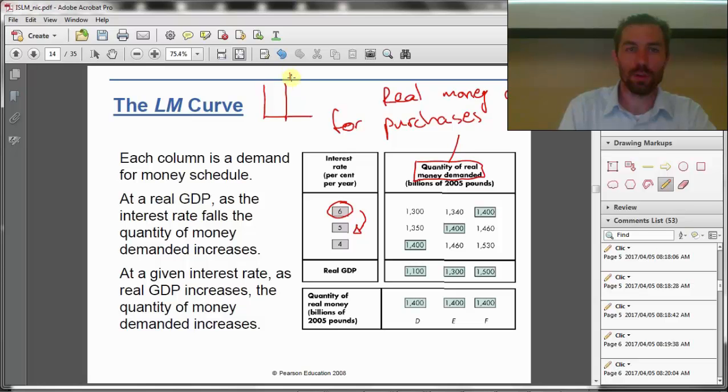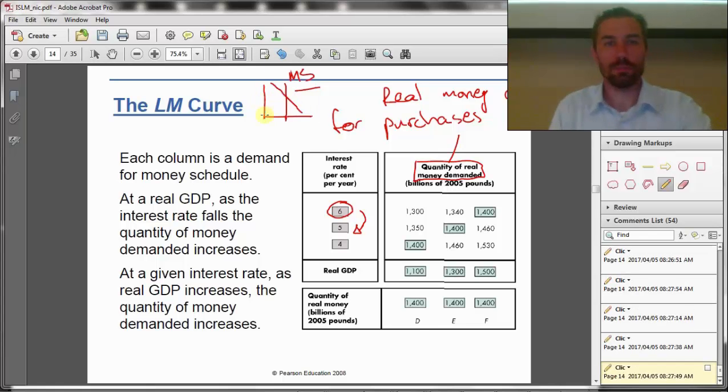So let me plot it with a vertical money supply curve. If our money supply remains the same, if the interest rate goes down, we would be moving down a money demand curve, correct?